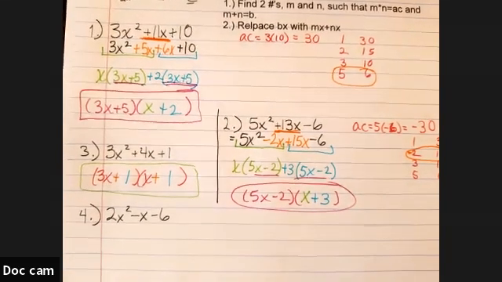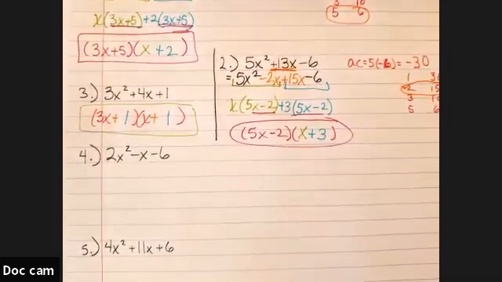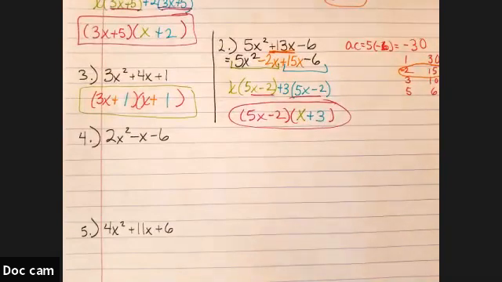So yeah, you can always do either the AC method or guess and check, either one. They're both good. Let's see, what do we want to do? Let's do number 4. You could definitely do the AC method, but I think I want to try doing guess and check on this one and see how it goes.